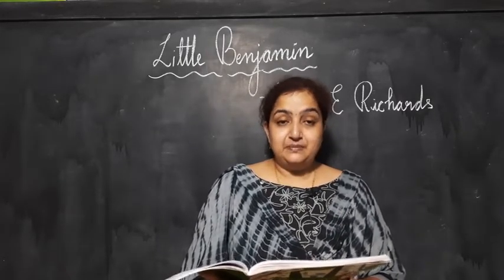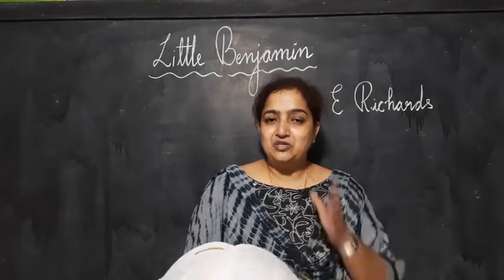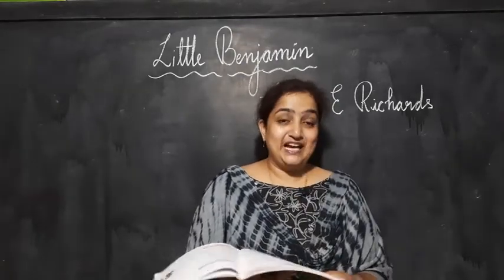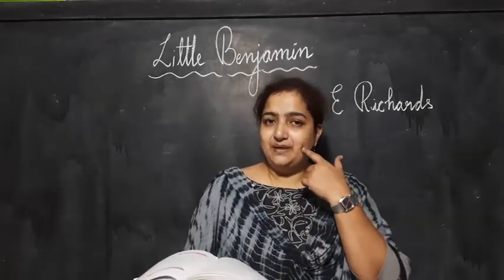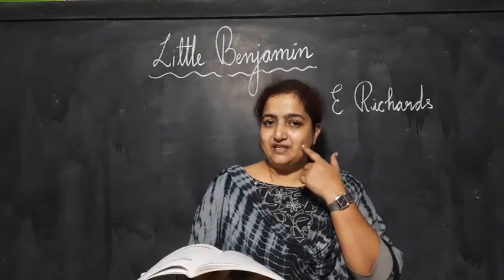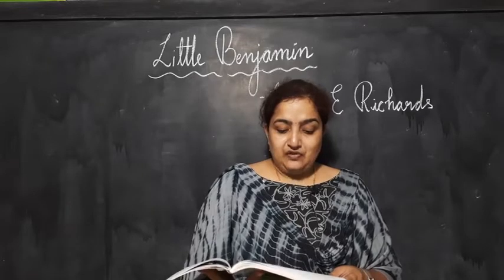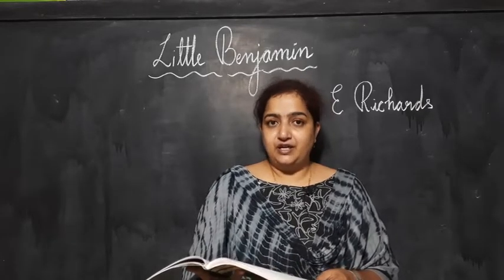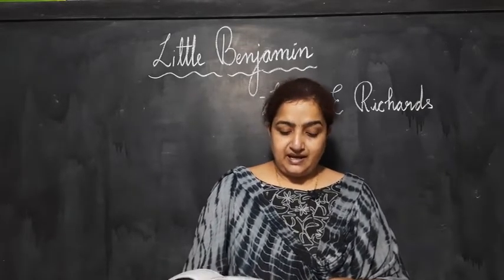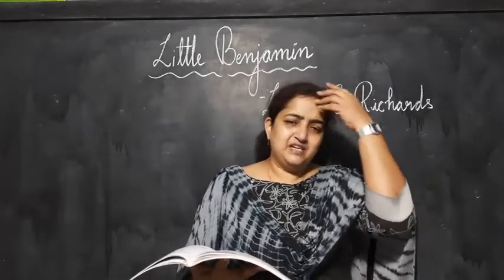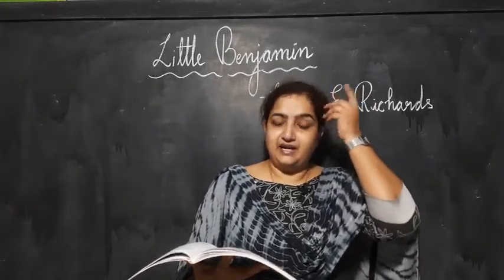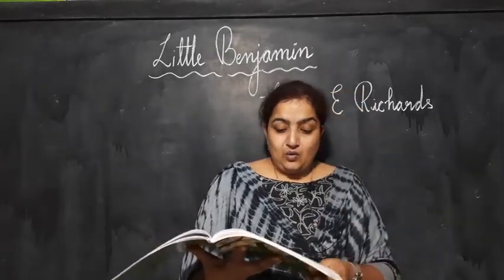The rosy dimpled creature. Rosy means the baby is all pink and rosy, and dimpled. Do you know dimple? Dimple means nonakuri. Some people have dimples. The yellow floss here means the golden hair. The baby had golden hair, ruffled. Ruffled means roughly all over his forehead and all over his head.